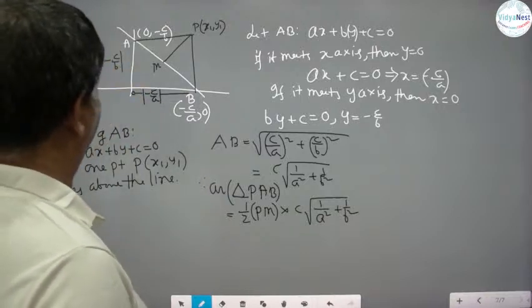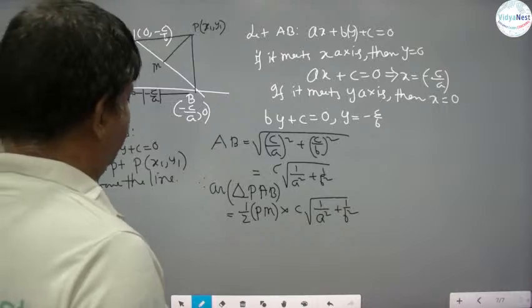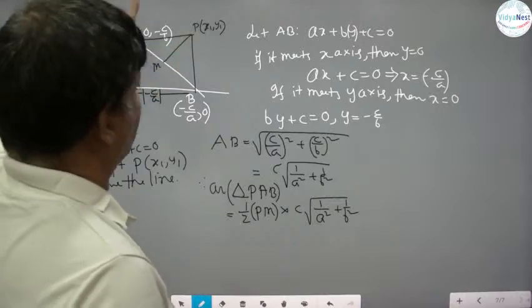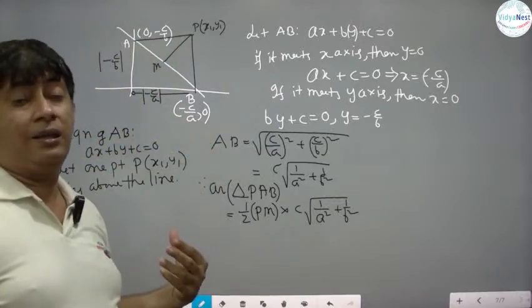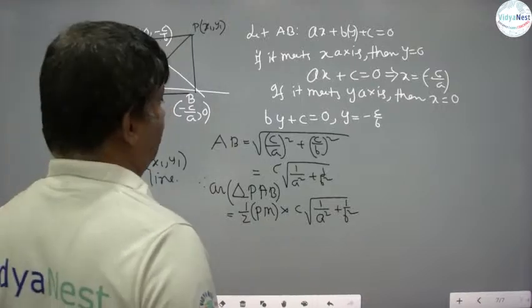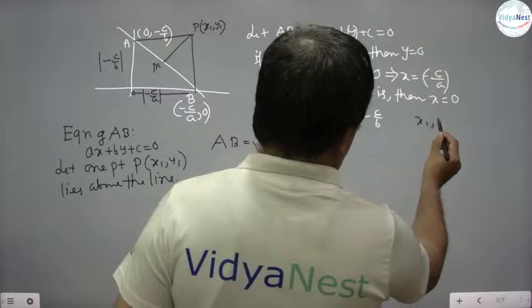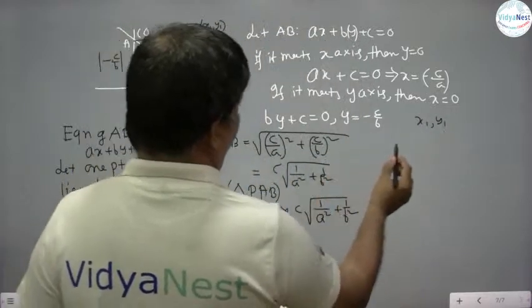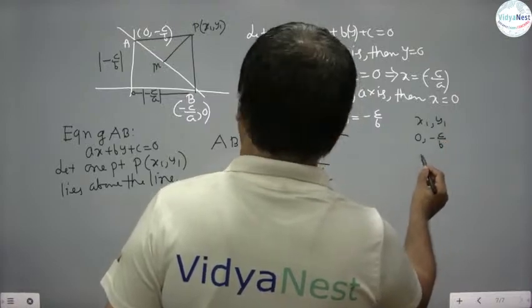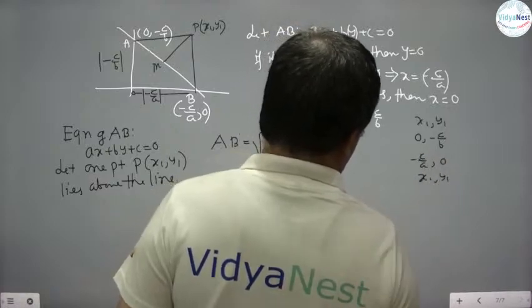Now, how to find the area of the triangle using coordinate geometry, which you were taught in class 9 irrespective of any board? You see, area of triangle PAB, you know how to find the area. You write x1 y1, then 0 minus c by b, minus c by a 0, again x1 y1.